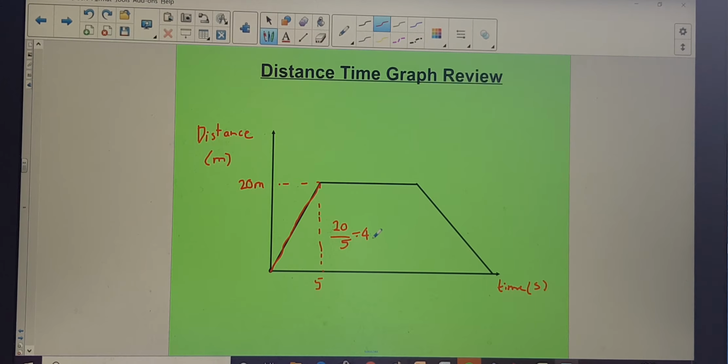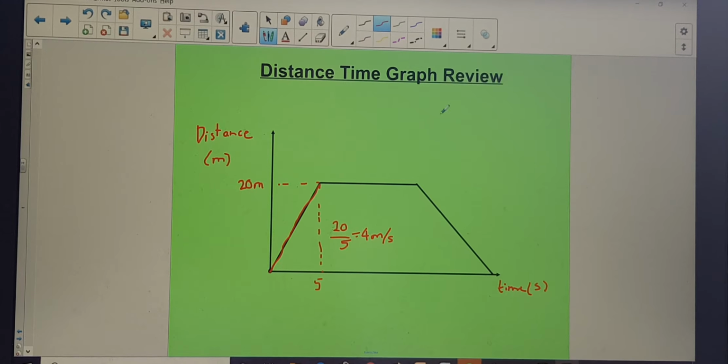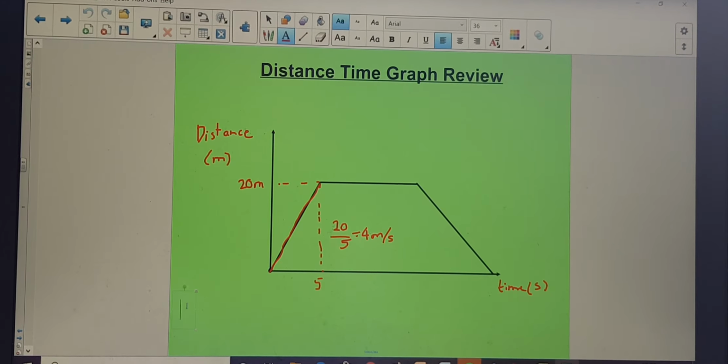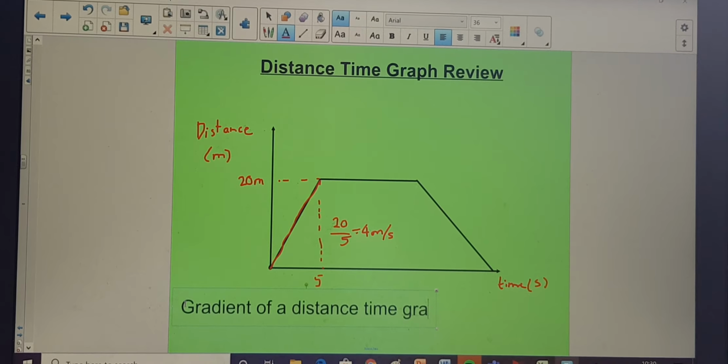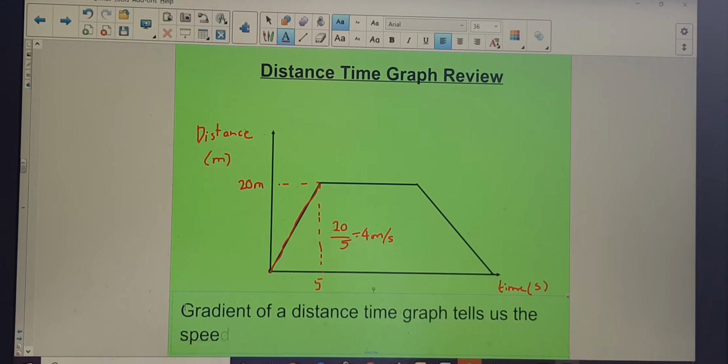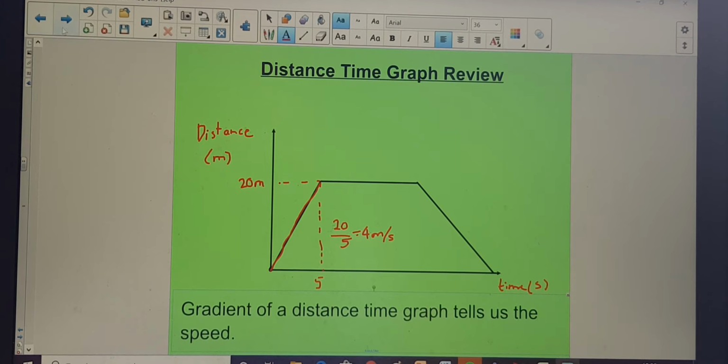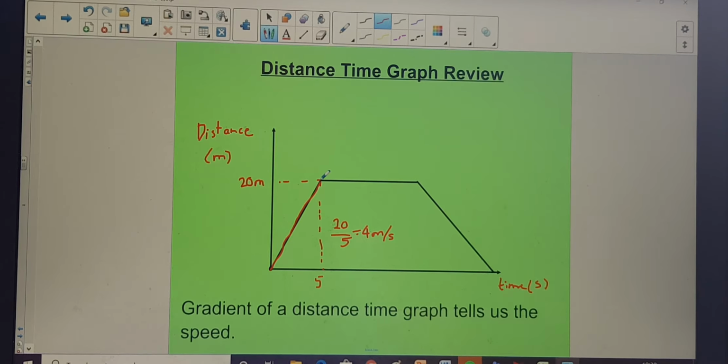They're moving at a constant speed, because it's a straight line, of 4 meters per second. Important for our notes: the gradient of a distance time graph tells us the speed. That's true of these bits as well, because the gradient here would be 0.